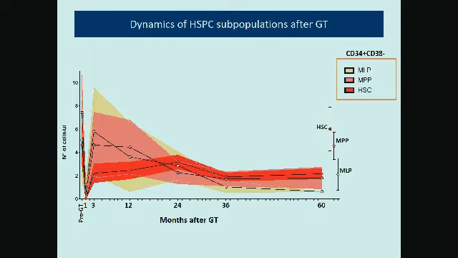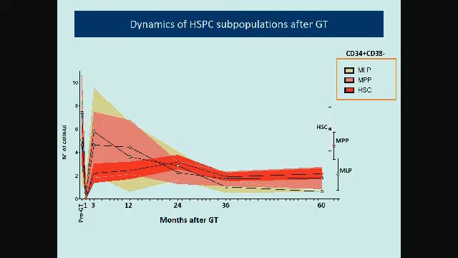So if we focus, for example, specifically on the number of cells per microliter in two major progenitor compartments, the CD38 negative, these are the very primitive cells. As you can see, there is a first peak of contribution by MLP and MPP, while HSC, as you can see, remain pretty much stable.